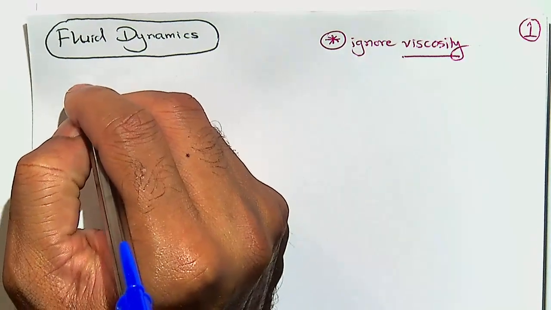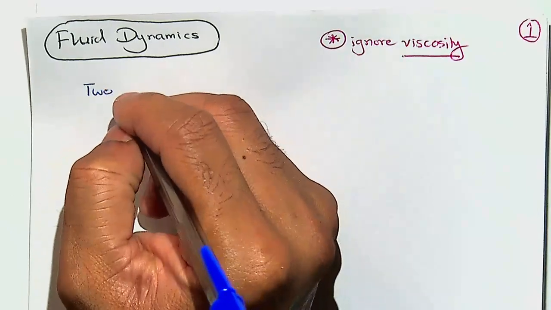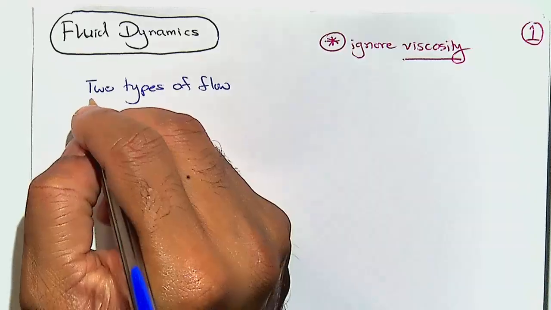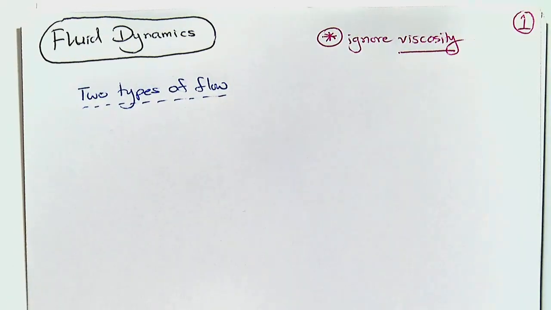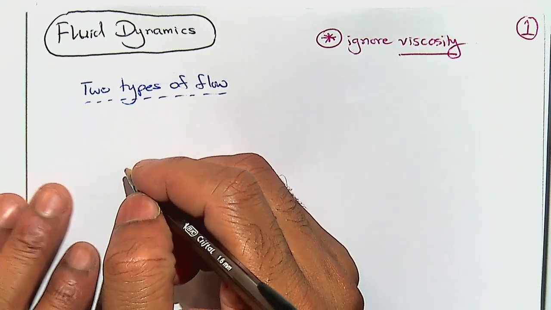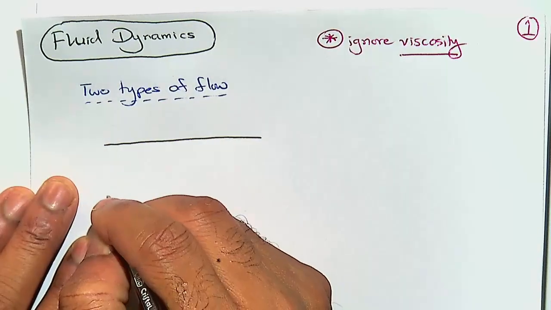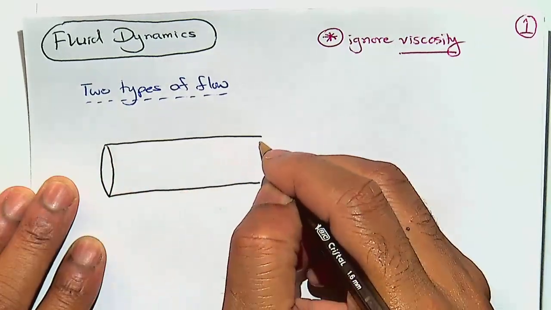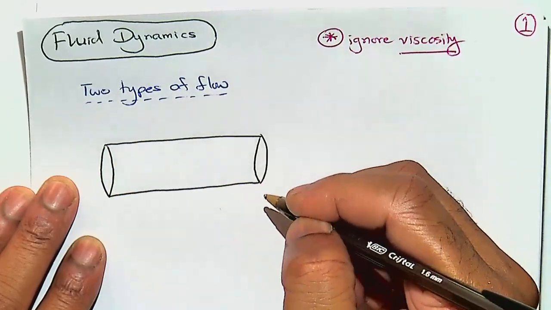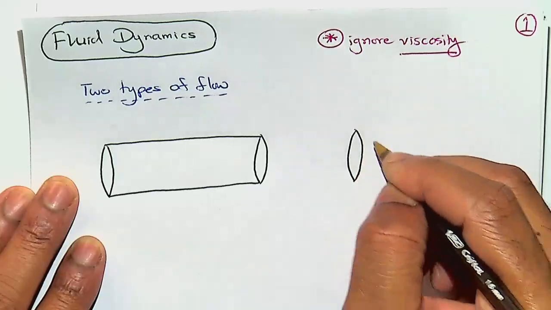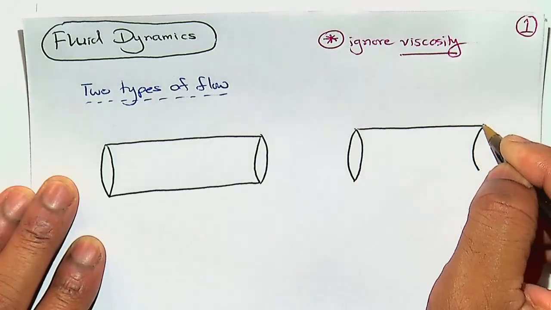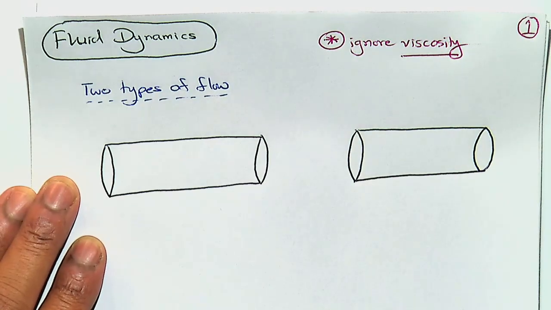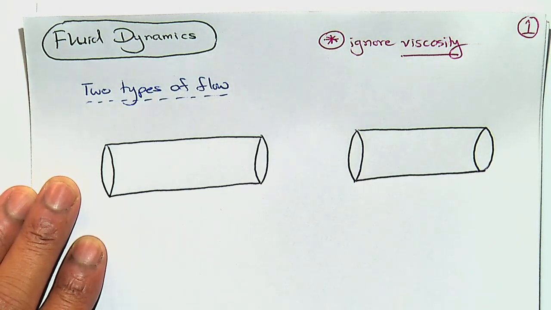So the two types of flow we will encounter, we said, were laminar flow and turbulent flow. So think about water going through a pipe. Okay?